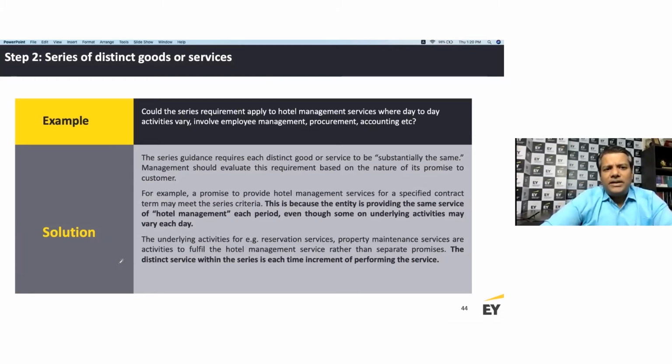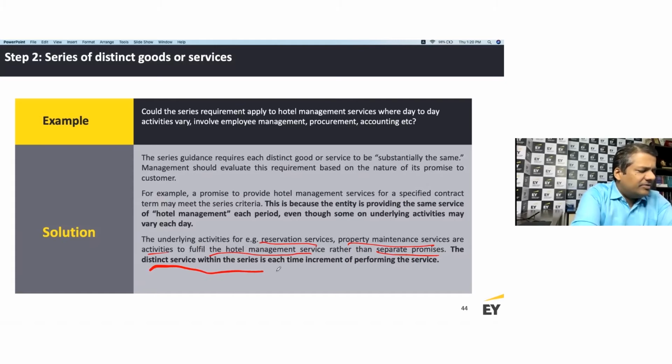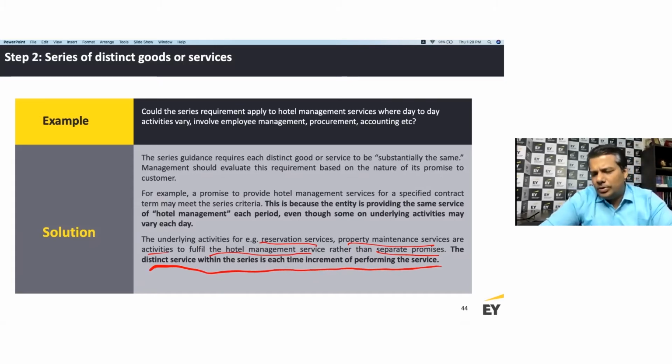Hence the underlying activities, for example the reservation services and the property maintenance services, are activities to fulfill the hotel management services rather than separate promises. The distinct service within the series is each time increment of performing the service. So you won't treat them as separate performance obligations.